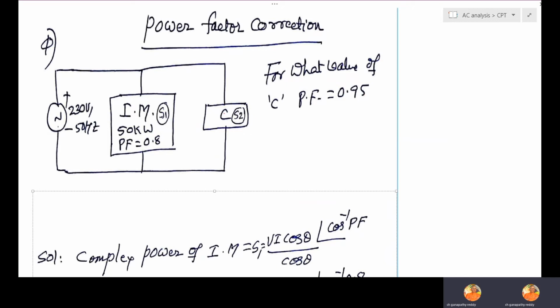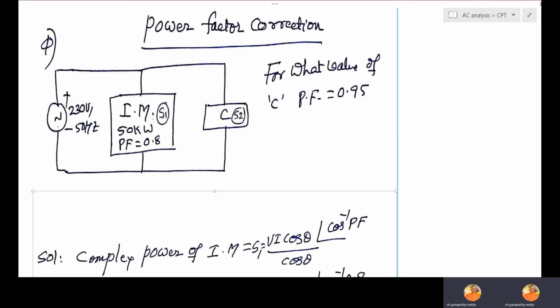This capacitor should be connected parallel to the load. It should not be connected in series. If the capacitor is connected in series, what will happen? The applied voltage of 230 is divided between the capacitor and the induction motor. Less voltage is applied to the motor. Rated voltage is not applied to the motor. The motor cannot rotate at the expected speed, so its performance will be affected.